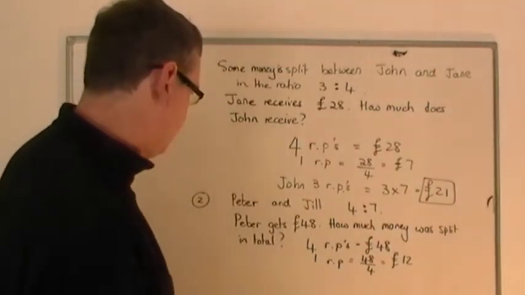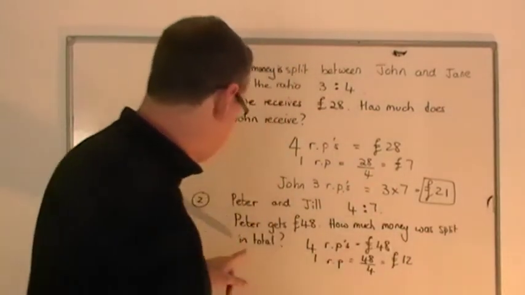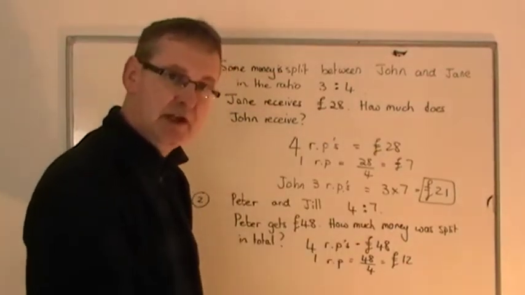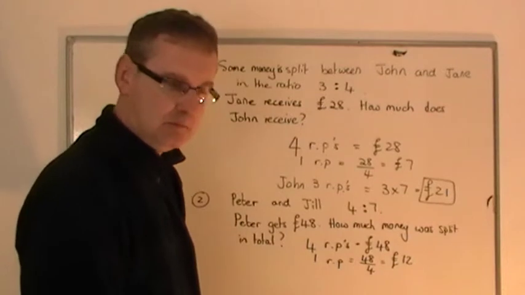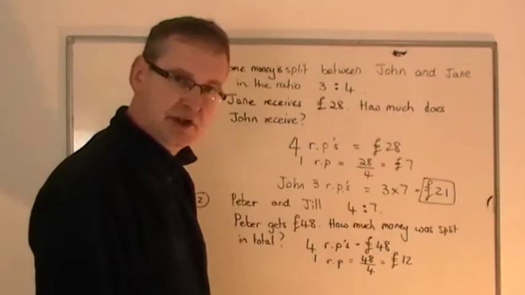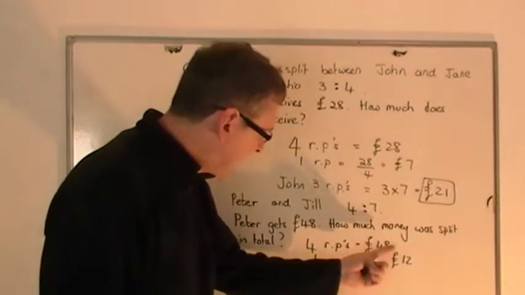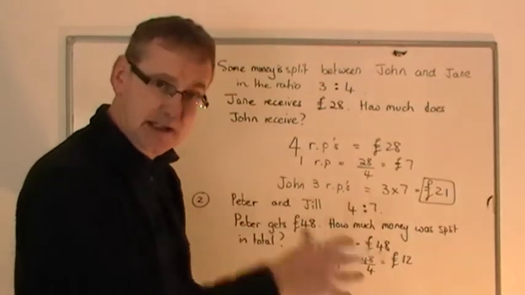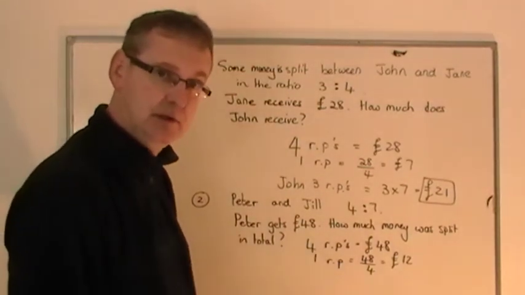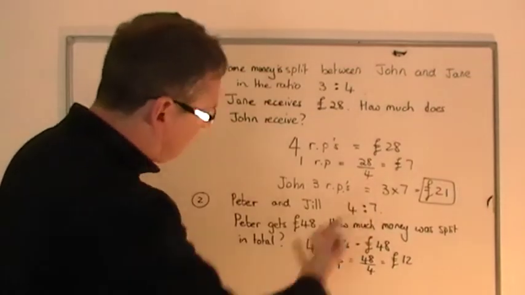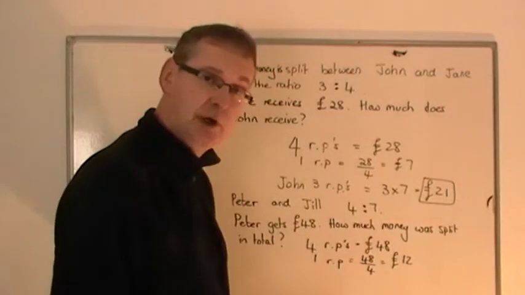And so this time, how much money was split in total? I want to know the entire amount of money being split. Now there's 2 ways of doing it. You can either work out what Jill gets, which is 7 ratio parts, and then add the 48 to whatever the Jill total is, and you can add the two answers together to get a grand total. Or you can say, well, in complete total for this question there are 11 parts.